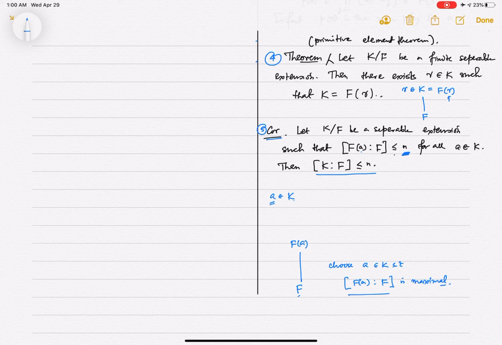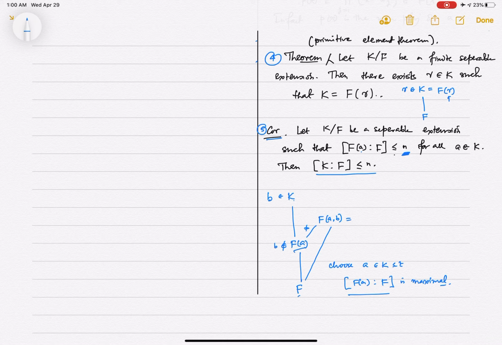My claim is that at this point, this thing is already equal to K. Let's argue by contradiction. Suppose it's not. What does that mean? That means that there is some b in K which is not in F(a). Then if I add b to F(a), I get this extension which is strictly bigger.